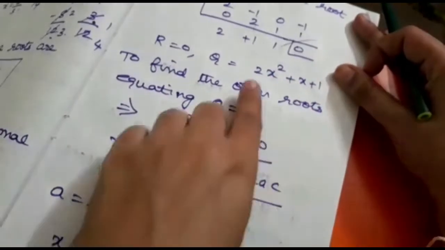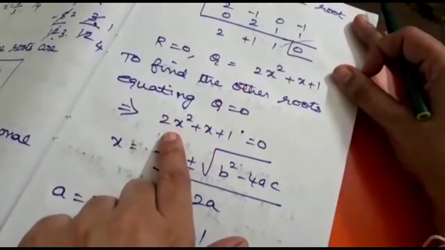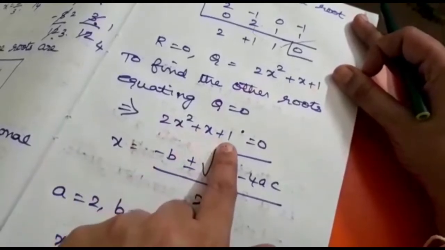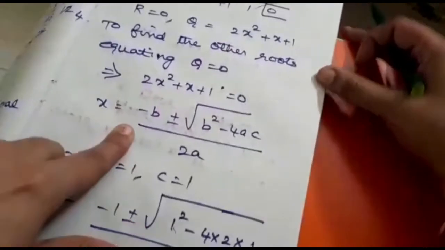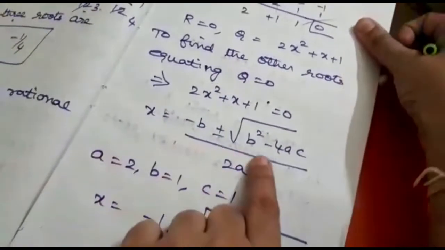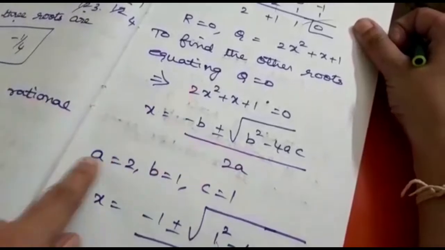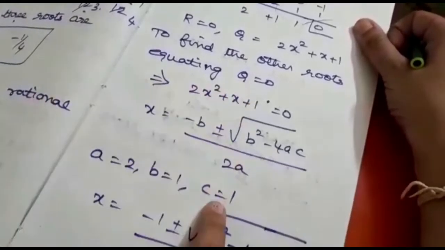To find the other roots, we want to solve the quotient polynomial. This is a quadratic polynomial, so I can use the formula method. So x is equal to minus b plus or minus square root of b square minus 4ac by 2a. Here a is equal to 2, b is equal to 1 and c is equal to 1.